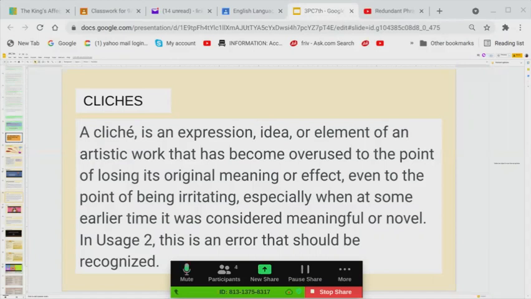With cliche, we're thinking about an expression that people normally say, but it has been used so frequently in regular conversation that it has lost its meaning. Sometimes when you hear it, you're kind of annoyed at hearing it because you have heard it too often, in fact. And for English, this is recognized as an error.